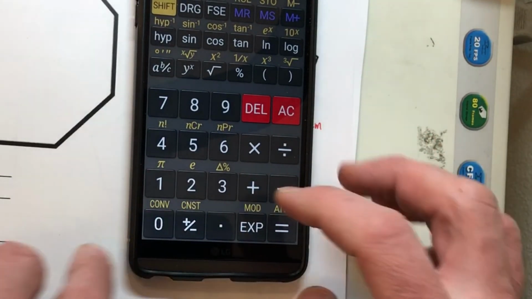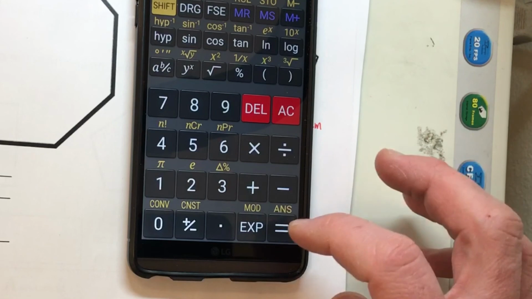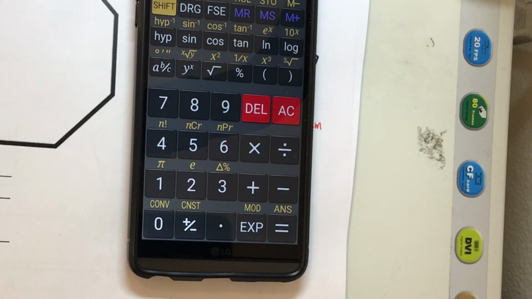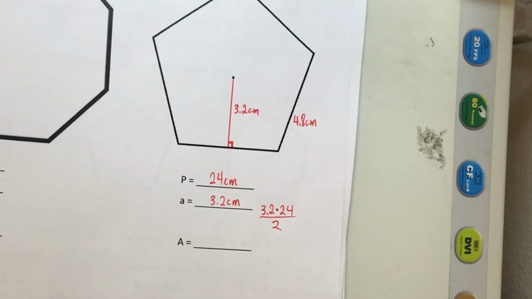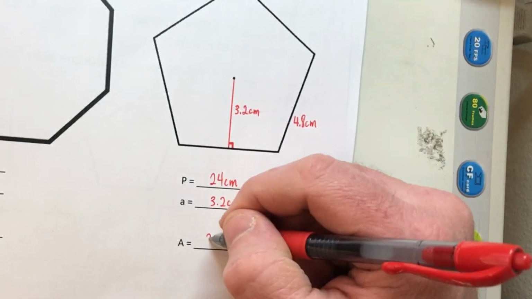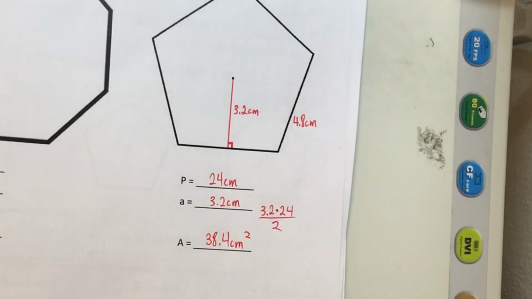All right, so 3.2 times 24 divided by 2. And yep, the area is going to be about 38.4. So that's it. That's the basics of using the area formula for a regular polygon. Pretty simple.